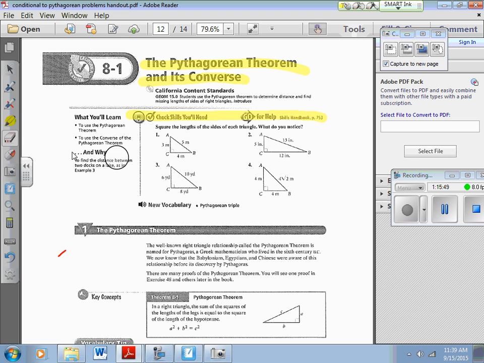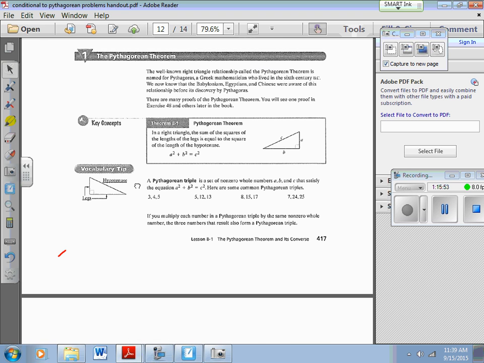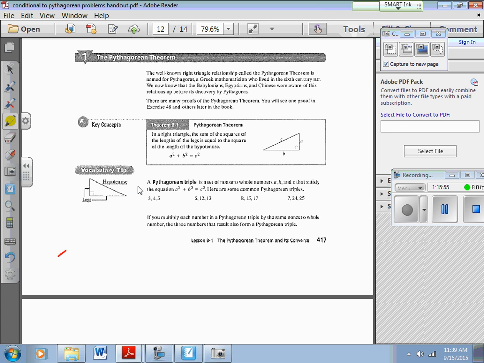All right. Let's go ahead and scroll down then to the Pythagorean theorem. Highlight the Pythagorean theorem. Okay. Now, those of you guys that have seen this before, just keep in mind one thing.